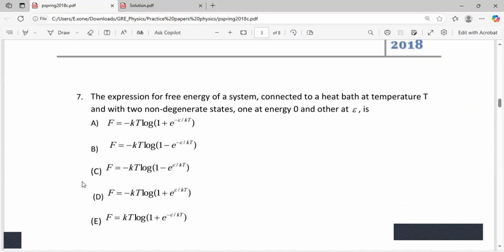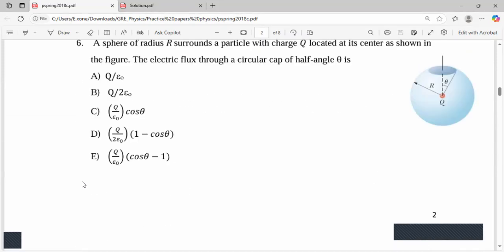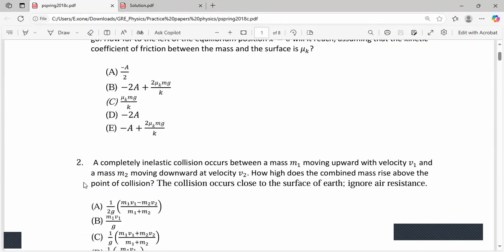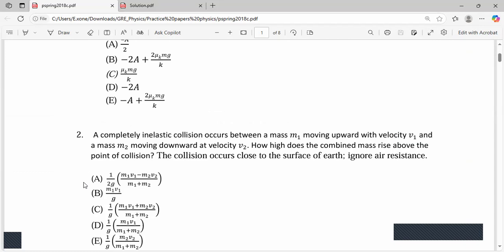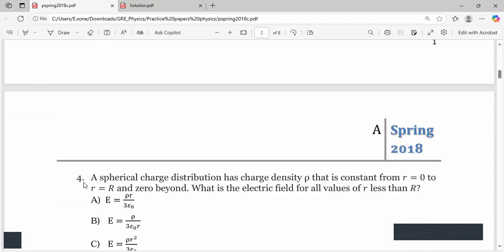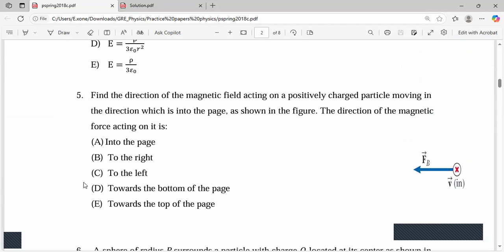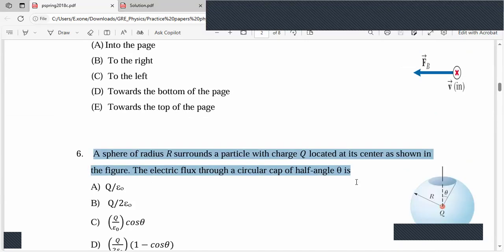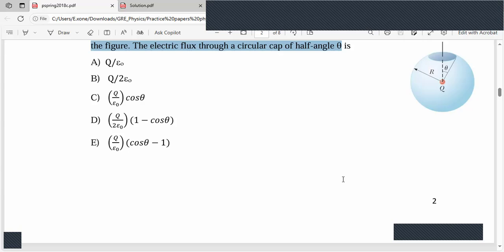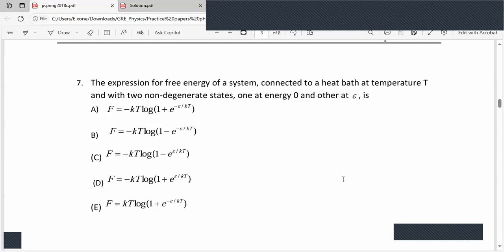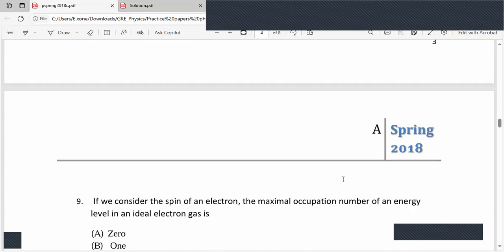You can see that the problems relating to mechanics were a bit hard, the problems related to electricity and magnetism were not that hard, and the problems related to thermal physics and statistical mechanics were quite easy.